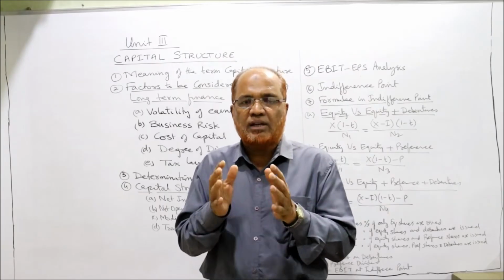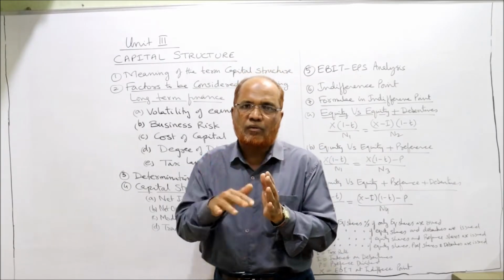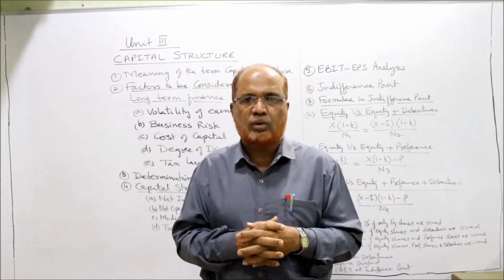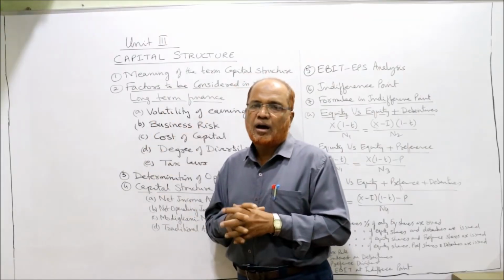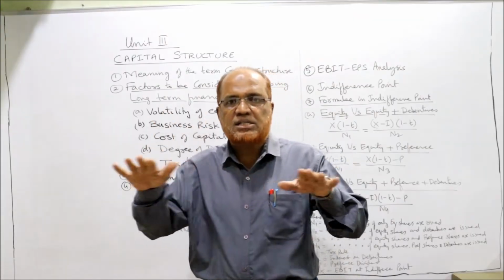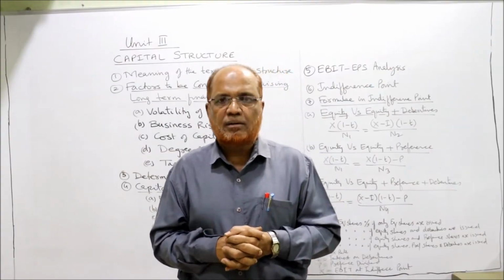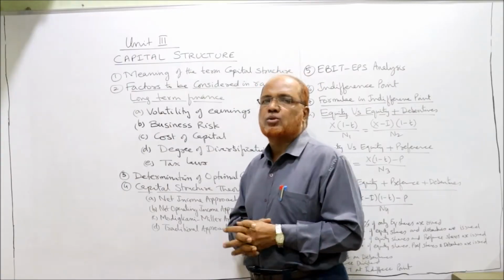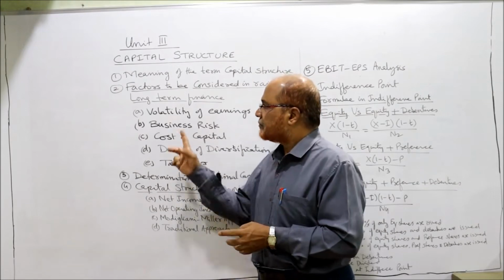So they will not take much risk. This company will apply more of equity than debt. Less debt and more equity because the company's earnings are volatile. If the company's earnings are stable, then the company can take the advantage of debt. But if the earnings are volatile, the company is suggested to depend more on equity rather than debt.